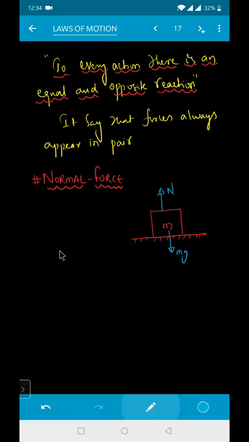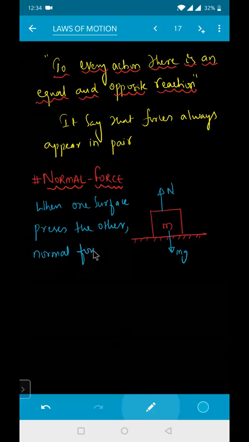Clear for everyone? So what I mean to say is, when one surface presses the other, normal force acts on both the surfaces.